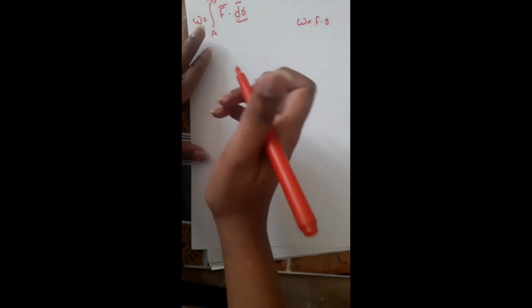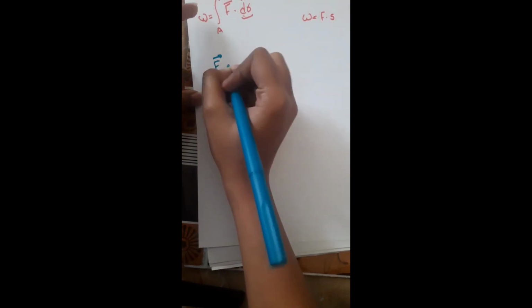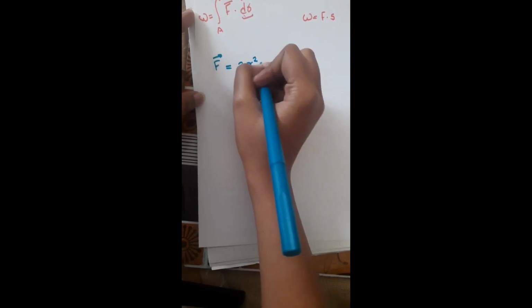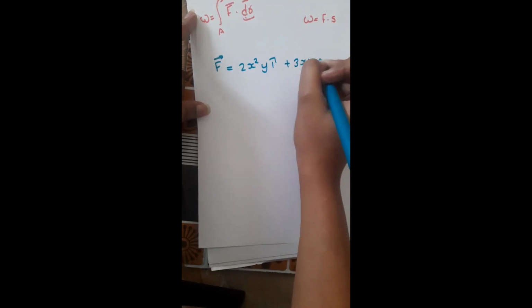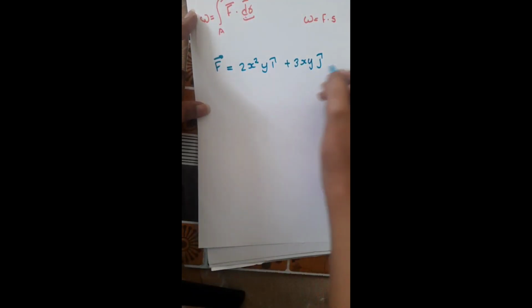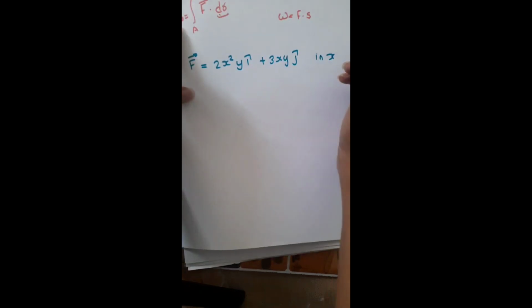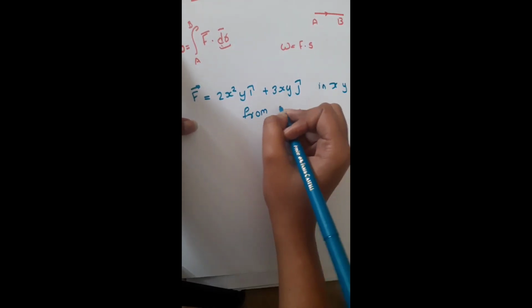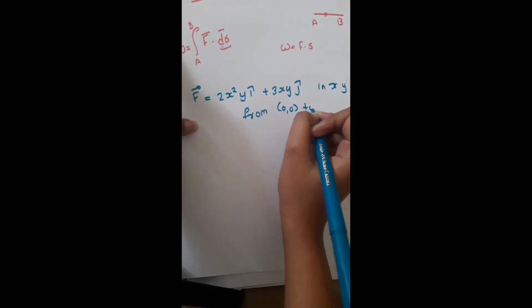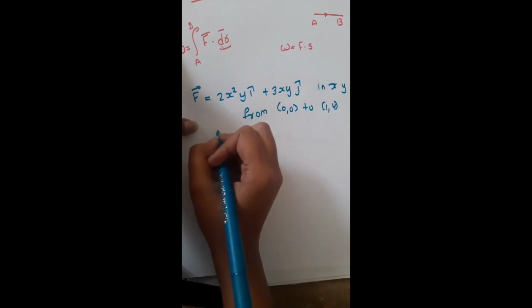The question is something like: a force F displaces a particle in the xy plane from (0,0) to (1,4) along the curve.